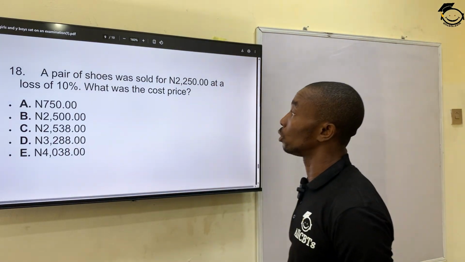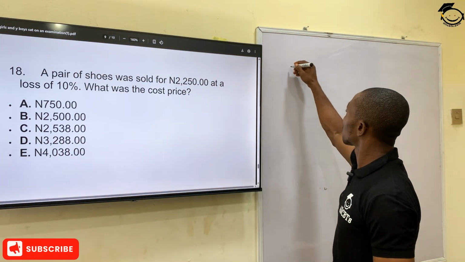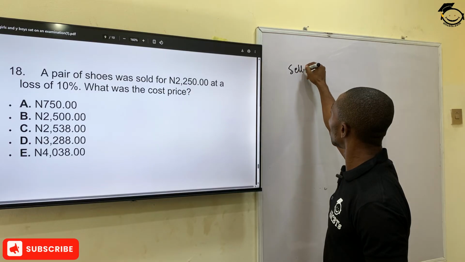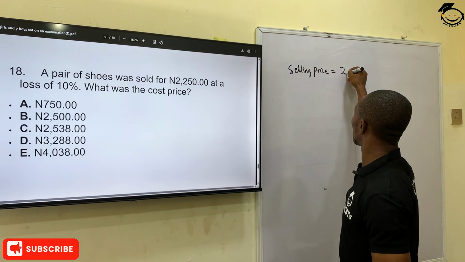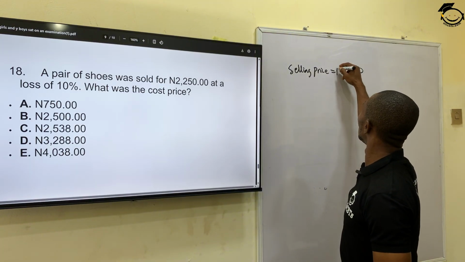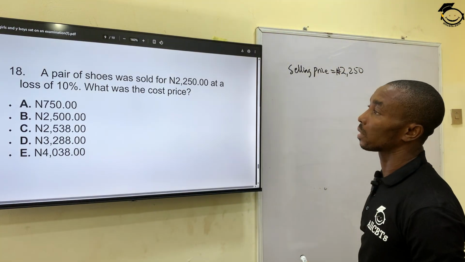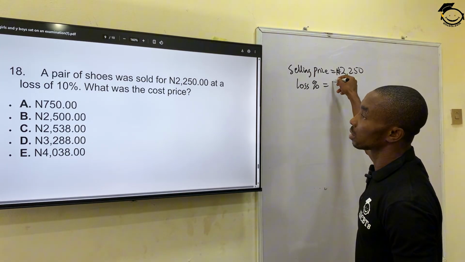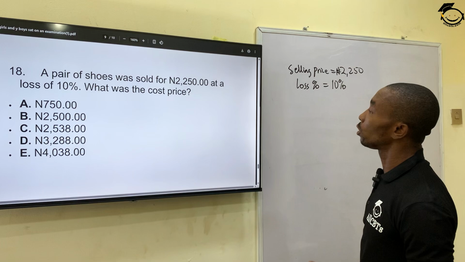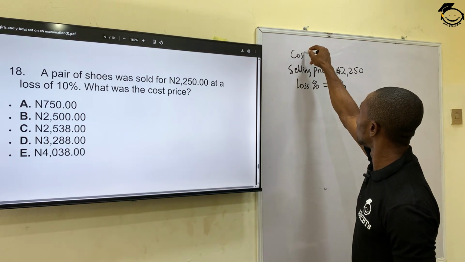A pair of shoes was sold for a selling price of 2,250. The loss percent was 10%. Now we should find the cost price.